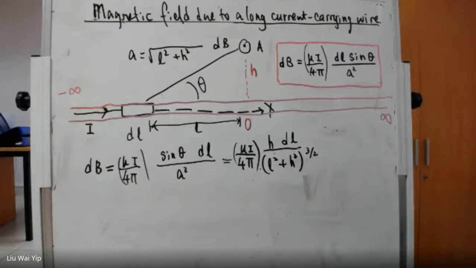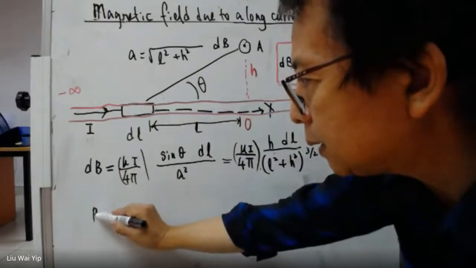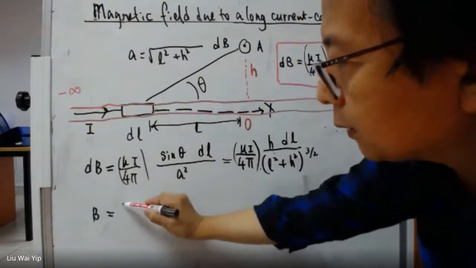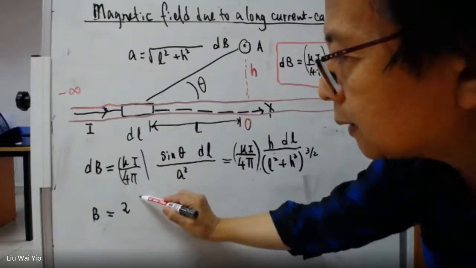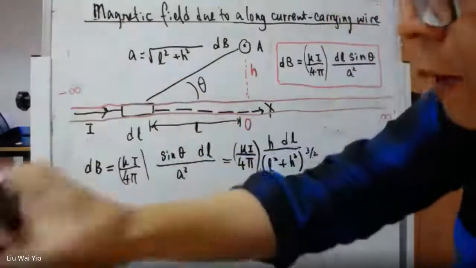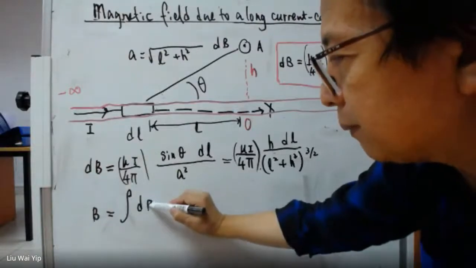So what is the value of the magnetic field? So B will be equal to 2 times the integration of dB.